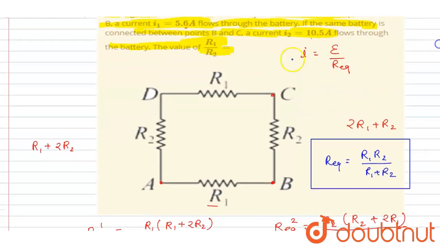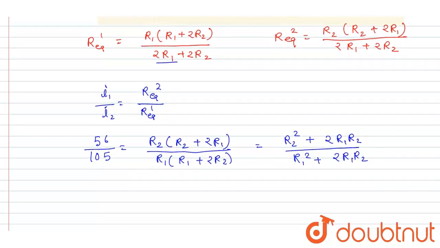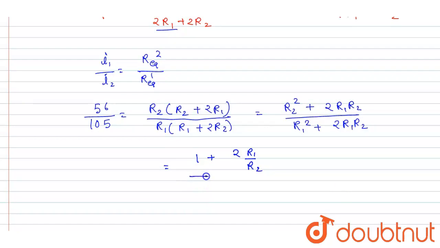So we can divide the denominator and numerator by R2 squared, since we want the ratio only. So it will be R1 by R2 whole square. Again R2 square, if I divide here, it will be 1, R2 will get cancelled out, and it will be this.